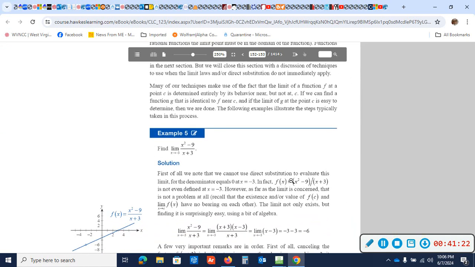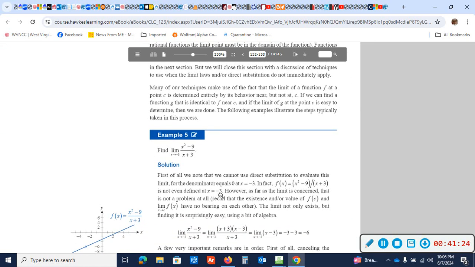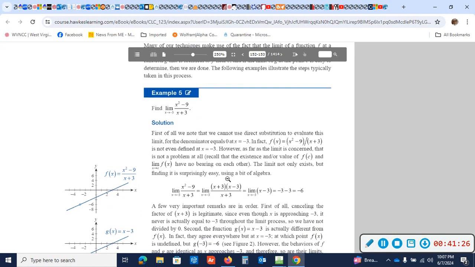This rational expression is undefined when x equals -3, but a little bit of algebraic simplification would let me say, as long as x isn't -3, this expression is equivalent to this expression. And this expression I can evaluate when x equals -3. That's cool and handy and worthwhile.